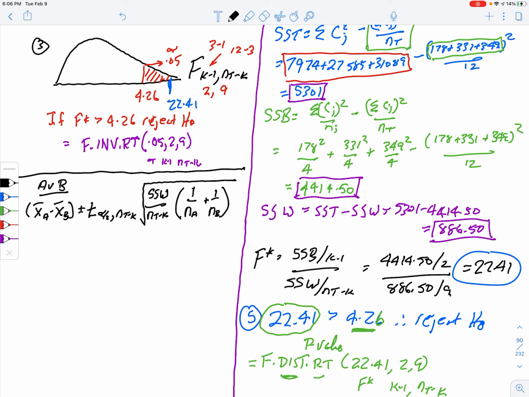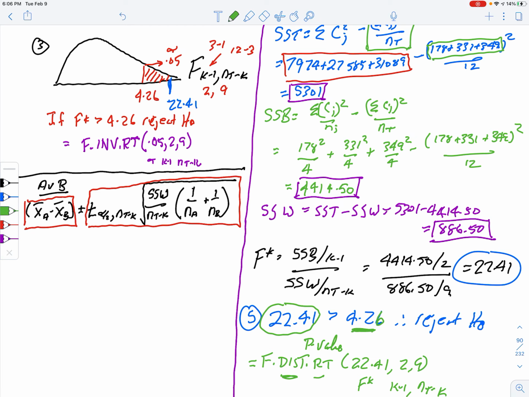Now, in our particular case, the N for the provinces is the same in each case. So there's 4 trees for Alberta, 4 trees for BC, and 4 trees for Ontario. But what we've got here is a difference of means plus a margin of error. This is actually just a confidence interval for the difference of means.